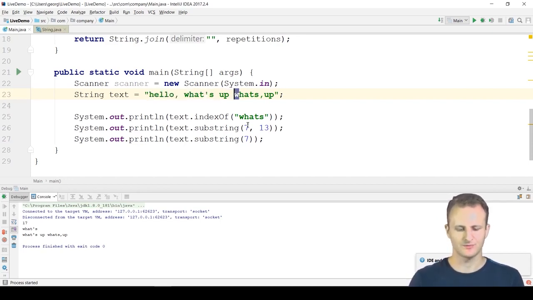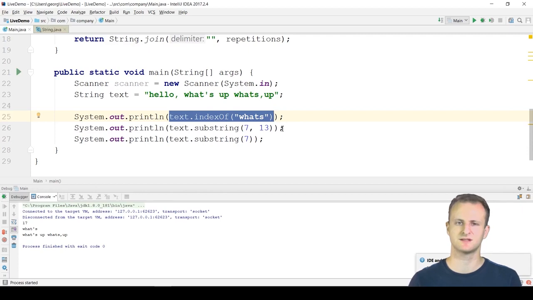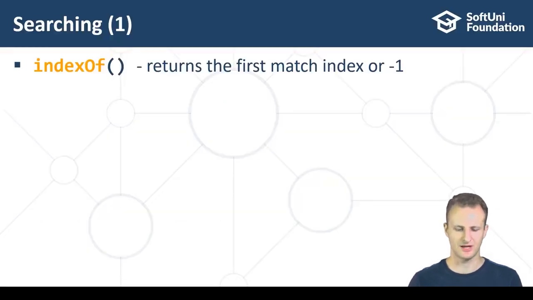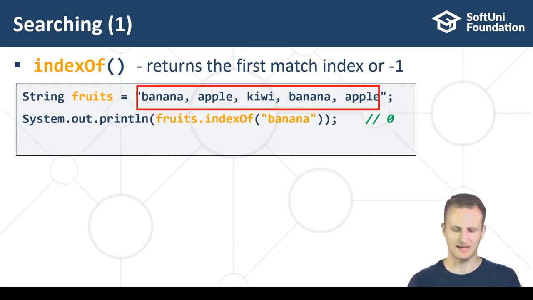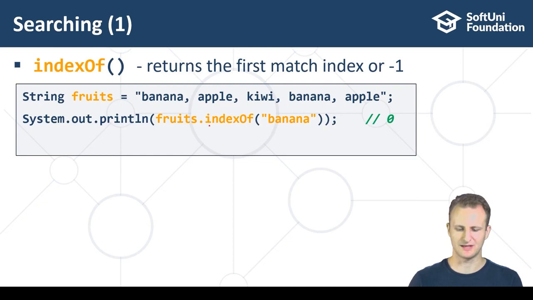Okay, so it printed out this one, not this one, because this sequence of characters is not the same as this sequence of characters. So it returns -1 if it doesn't find it, and it returns its index if it does find it. In this example, if you initialize a string with banana, kiwi, apple, and so on, and you ask for the index of banana, it's going to give you 0, because banana starts at index 0.